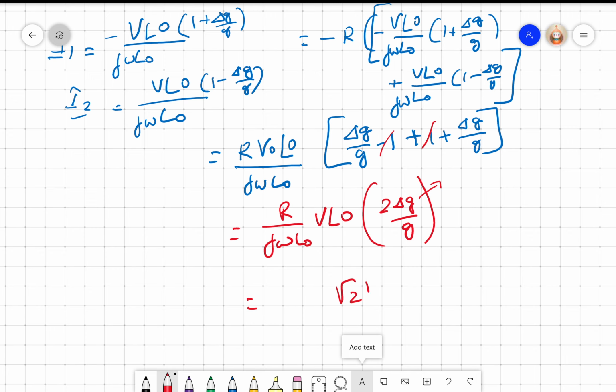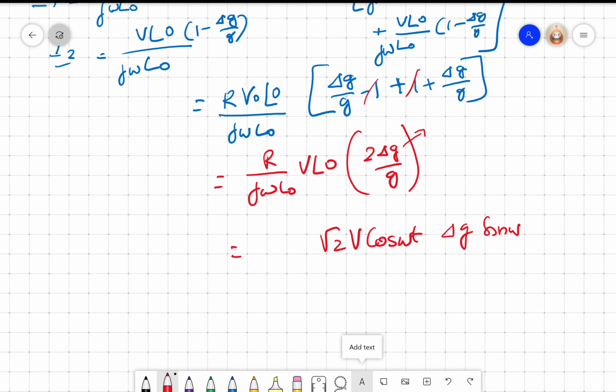root 2V cos omega t. If delta G varies as delta G into sine omega t, I see that this is a product, and if I look at the output, when delta G is 0, I get 0 output, right?